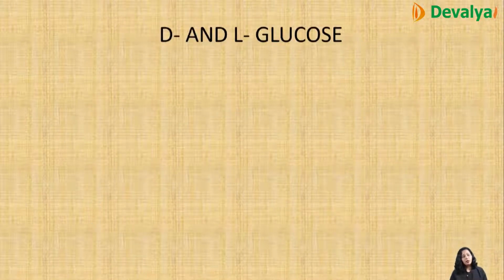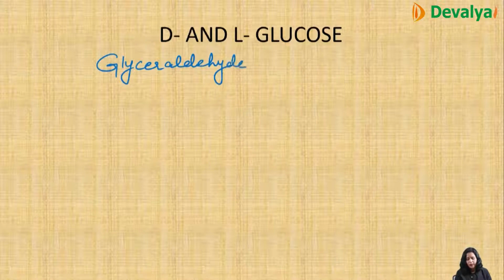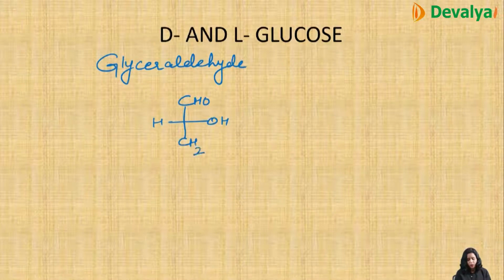Next is D-glucose and L-glucose. Earlier we gave the terms D and L on the basis of the structure of glyceraldehyde. In glyceraldehyde, you have CHO, H, OH and CH2OH.